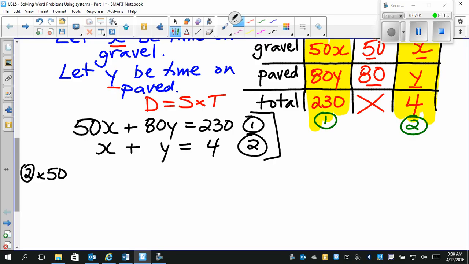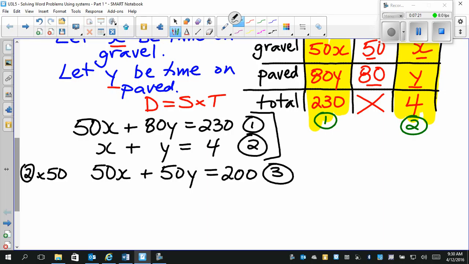So if I multiply equation 2 by 50, I'm going to get 50x plus 50y equals 200. And I'll call that equation 3. And now I can copy down equation 1 beneath that.